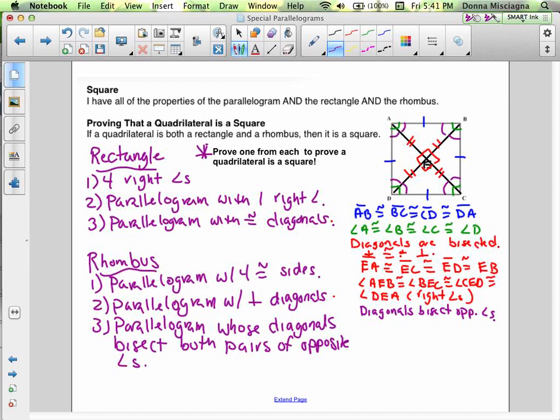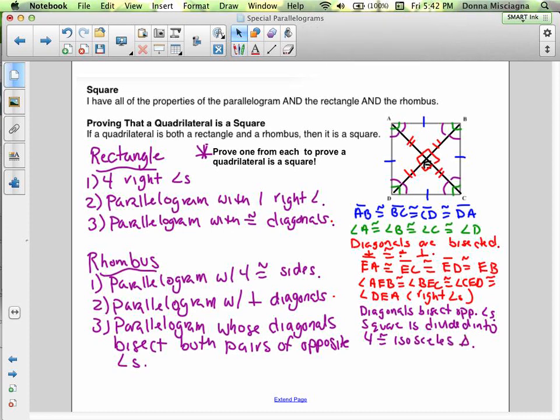So those angles are all congruent to one another, and that gives us, so a square is divided into 4 congruent isosceles triangles. All those 4 triangles are congruent to one another, right? Because this is a square. I think I've included all of the most important features of the square up there.